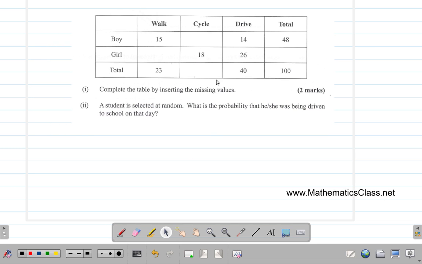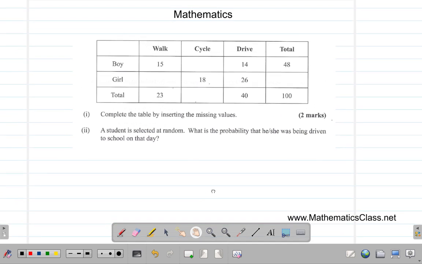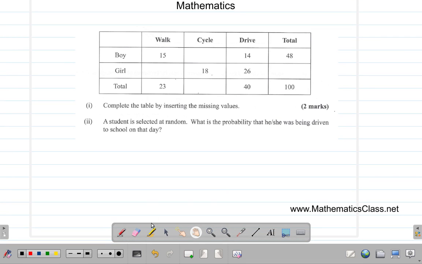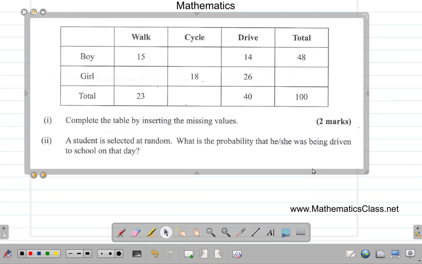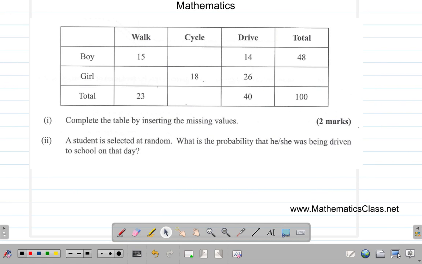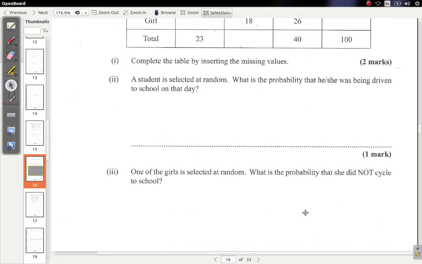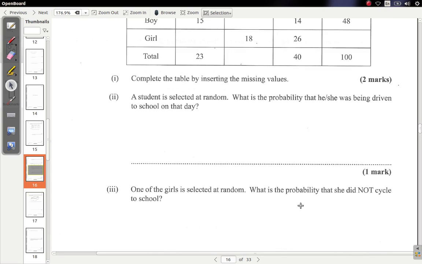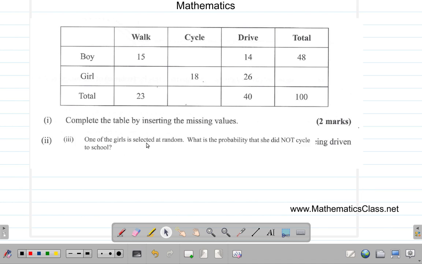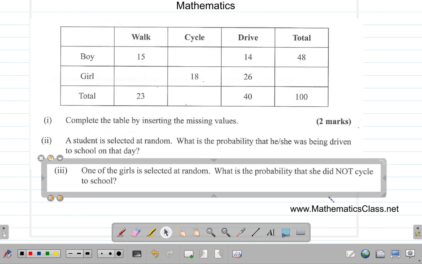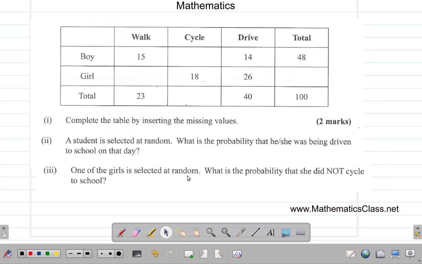Nice. I'll make this a little bigger so you can see it. And then we put part 3 over there too. Copy and paste it right here.